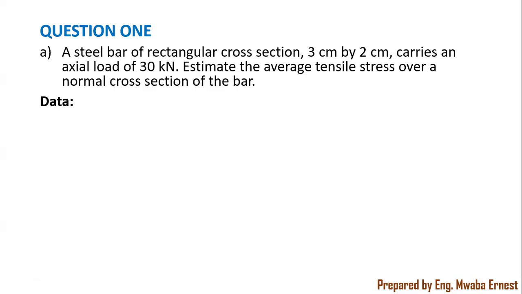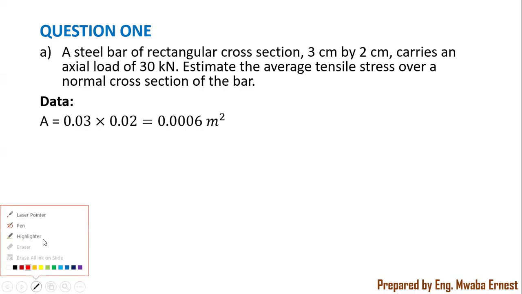Now let's pick up the information provided. Number 1, the area of this rectangular cross-section is we multiply those two. Of course, we know that when you have centimeters, to convert them to meters, you have to divide by 100.